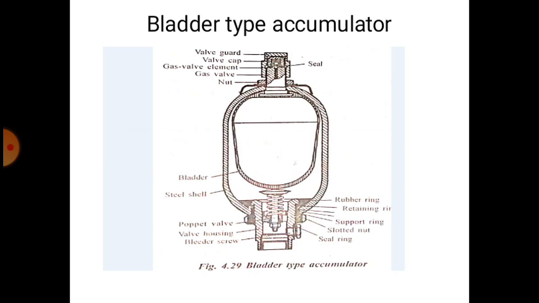If there are external leakages in the system, due to that the oil pressure will decrease. To keep the correct pressure, the oil comes from the accumulator, so it will act as a leakage compensator also. It will act as a shock absorber, an emergency power source, and a power source. The remaining things we will discuss in the next class.